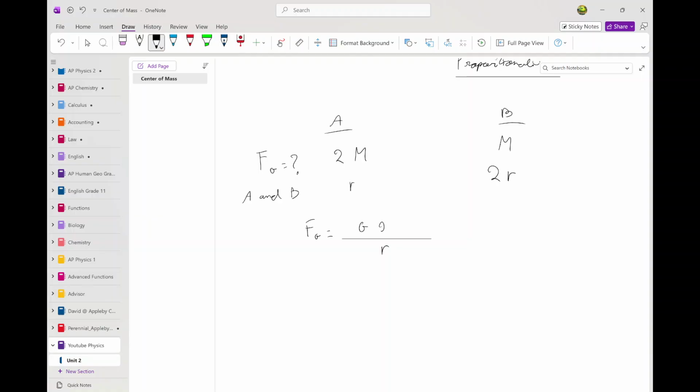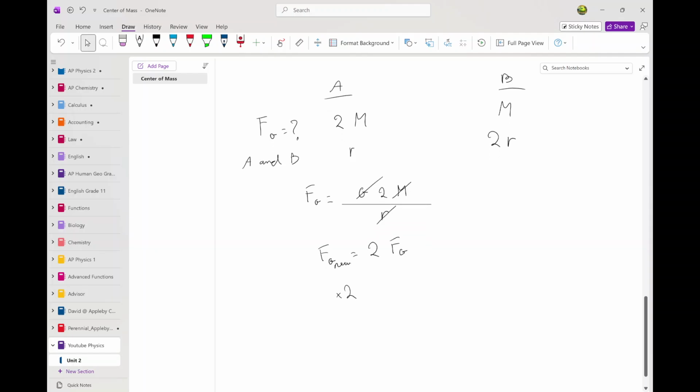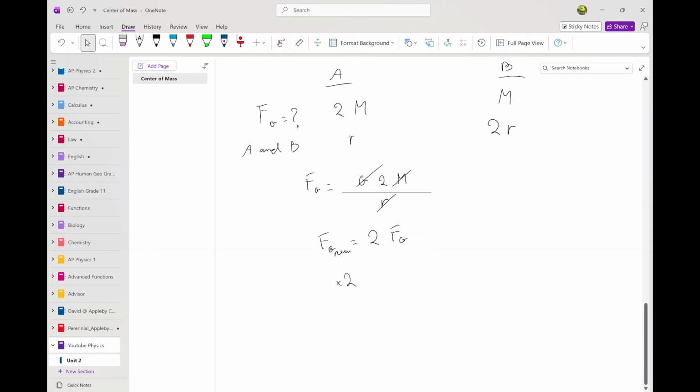So G2m. We have a constant, constant, constant. And what we can figure out with this, by being in the numerator, is that the Fg new will equal 2 times the normal Fg. So times 2.